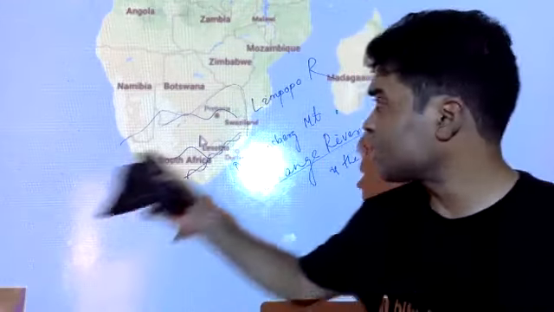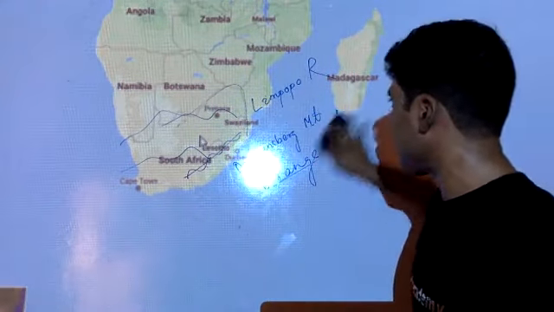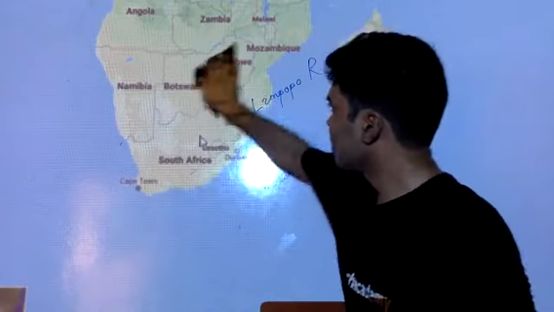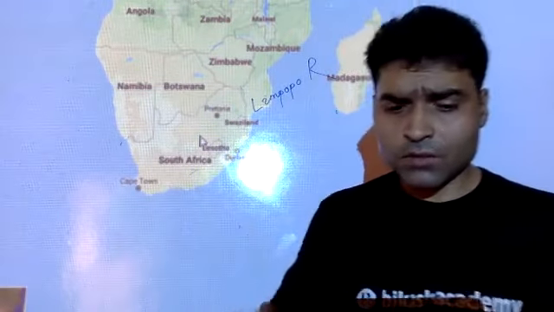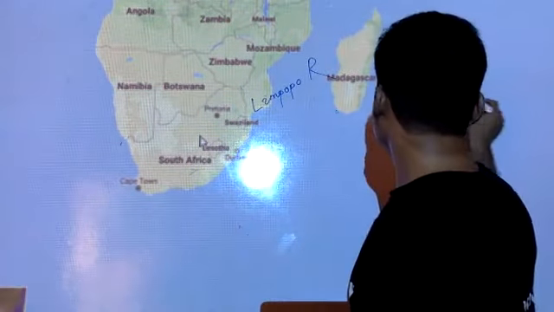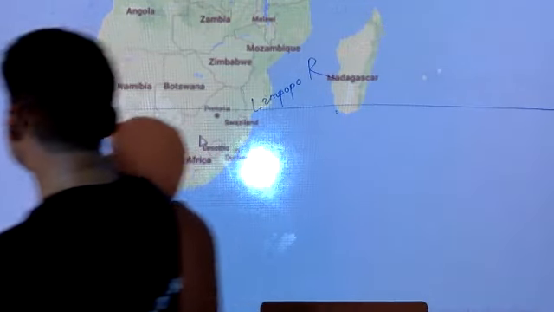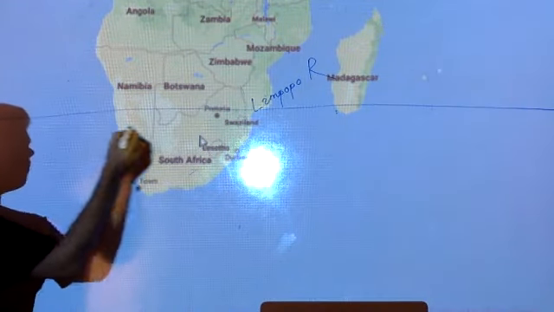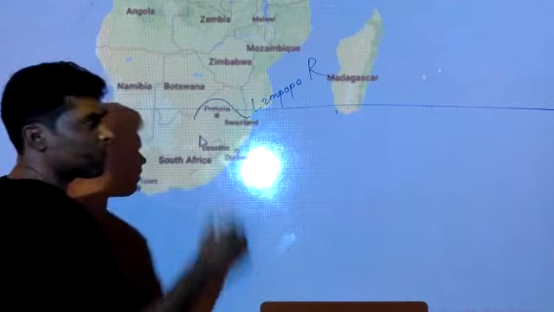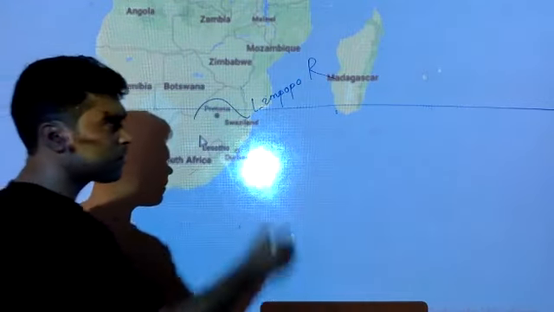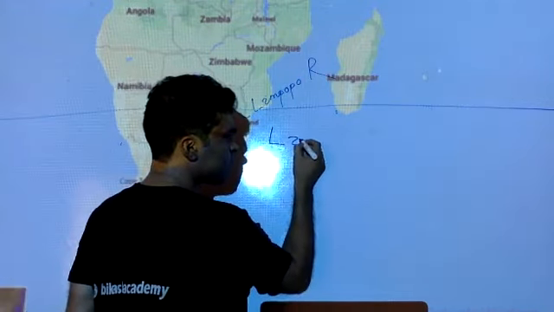Here is one interesting point regarding Limpopo River. Actually, you just see here, Tropic of Capricorn is passing like this. Tropic of Capricorn, and Limpopo River cuts. That means you can have one point.